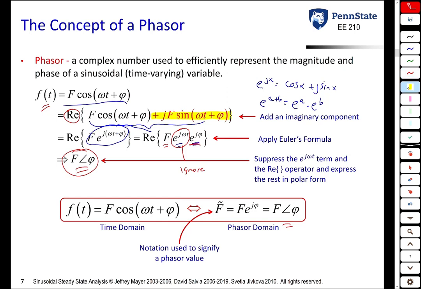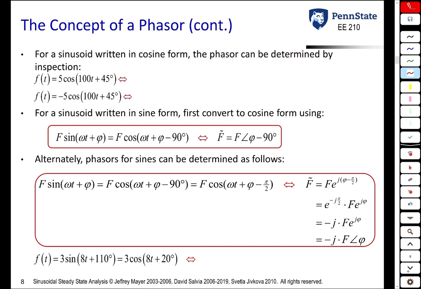Specifically, if f of t is written as a cosine, F cosine omega t plus phi, you can immediately read off the magnitude, and that becomes the magnitude of the complex number, and then the phase becomes the phase of the complex number. And we use this notation here with the tilde to represent that it is a phasor. So the bottom line, if you are converting a sinusoidal signal that's already in cosine form to its phasor equivalent, you can do it from inspection.